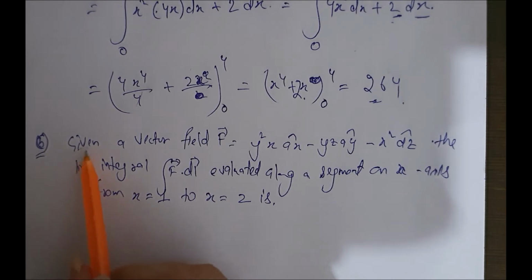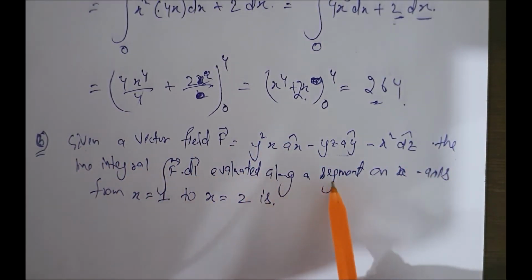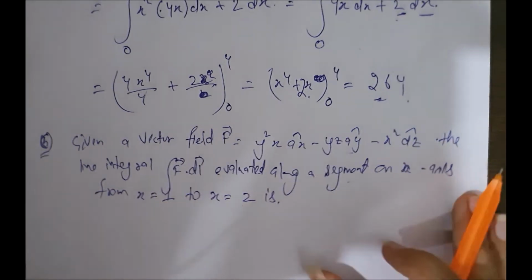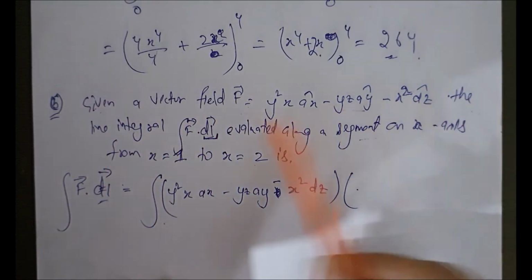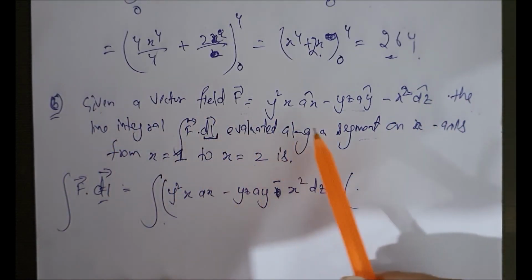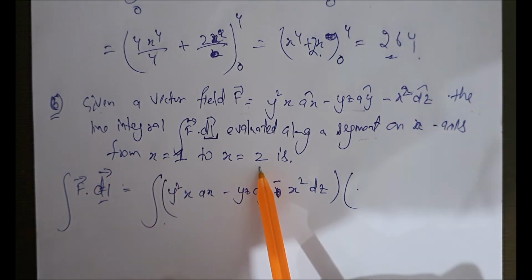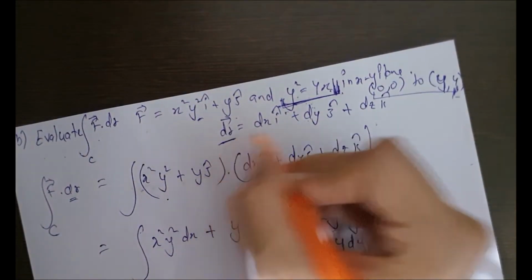So next question, given the vector function this, the line integral f dl evaluated along the segment on the x-axis from 1 to x equal to 2 is, here they denoted r with L. The function is this and the dl value is that I told you, that the dr value is this.